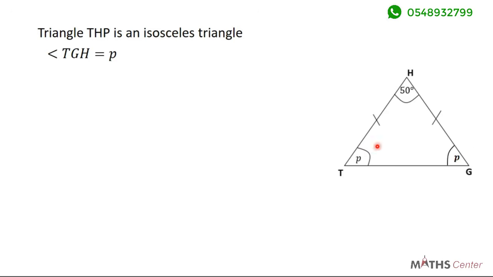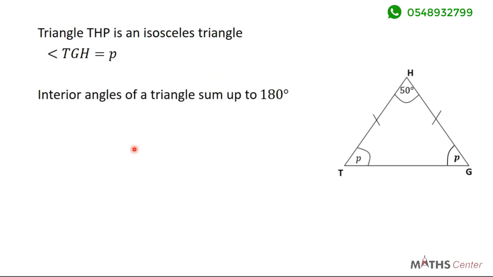So now we have the interior angles of this triangle to be P, P, and 50 degrees. The question told us to find the letter here. The letter here is P, so we can find P. We know that the interior angles of a triangle sum up to 180 degrees. So if we add P, P, and 50 degrees, we should get 180 degrees.